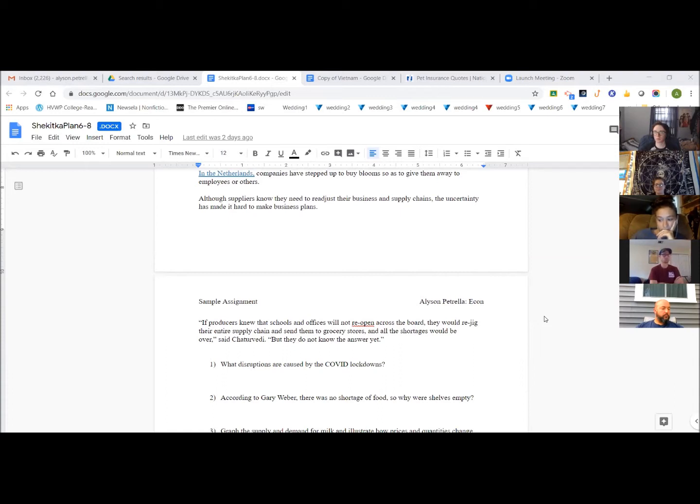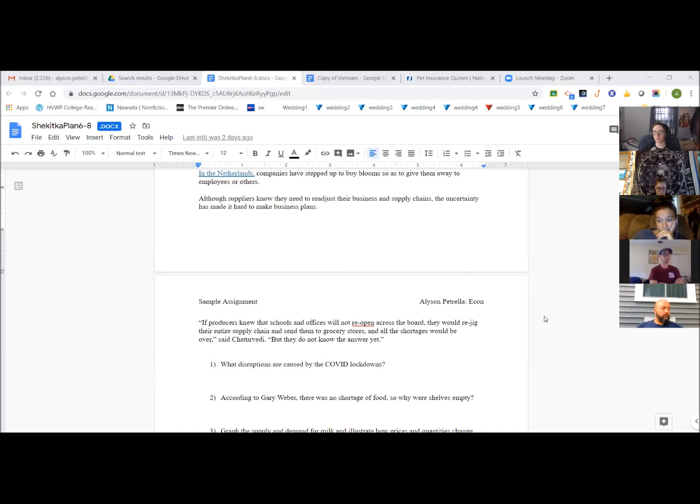But because they're uncertain as to how quickly the states are going to lift restrictions, and more importantly, how quickly people are going to be willing to go to stores and restaurants to buy extraneous items like flowers, they may have a hard time making projections.